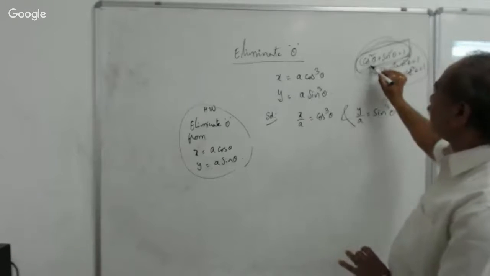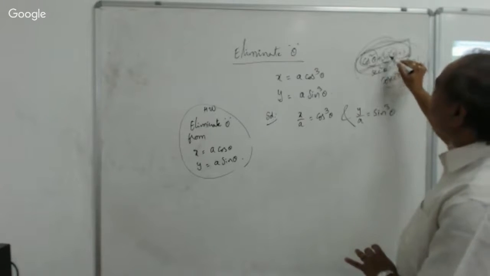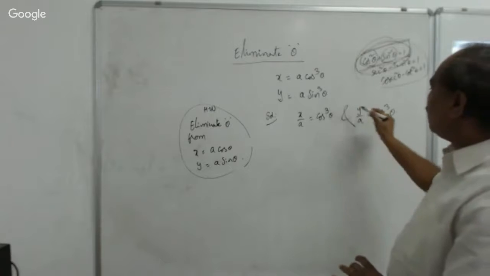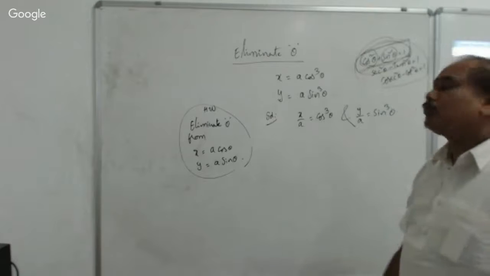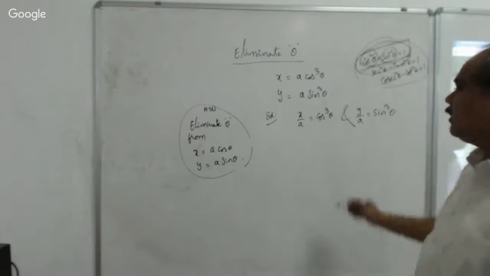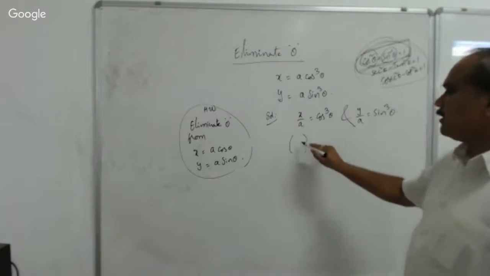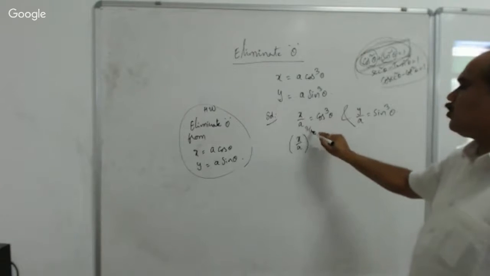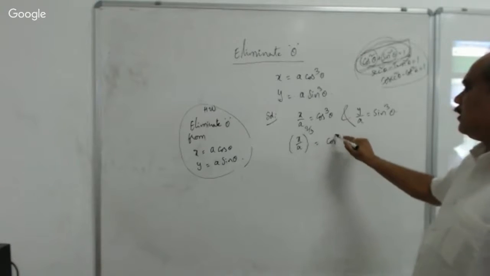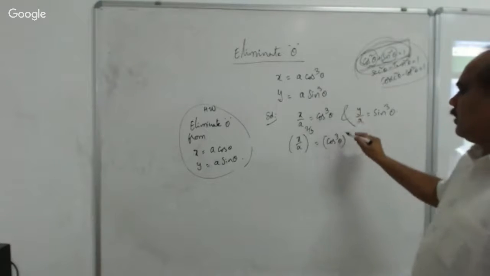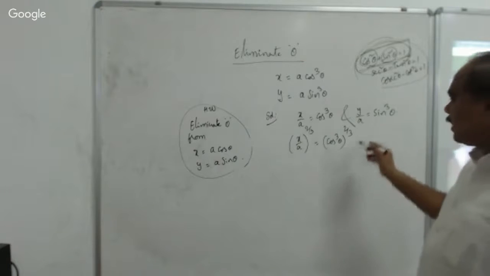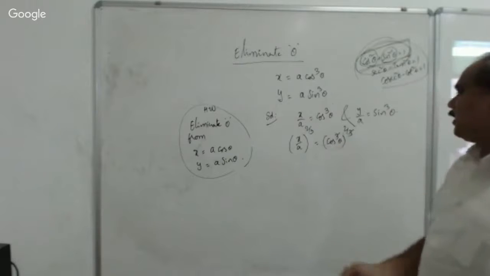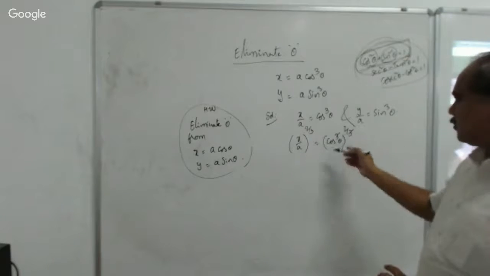Now to get cos square theta and sin square theta, raise the power to 2 by 3 on both sides. Now x by a raised to 2 by 3, and on the right hand side raise the power to 3 by 3. Why? Because here 3 must be cancelled.